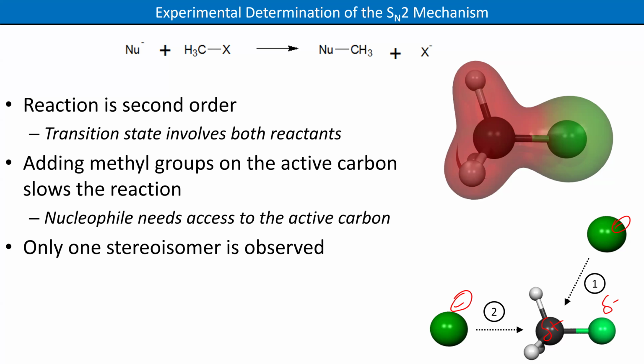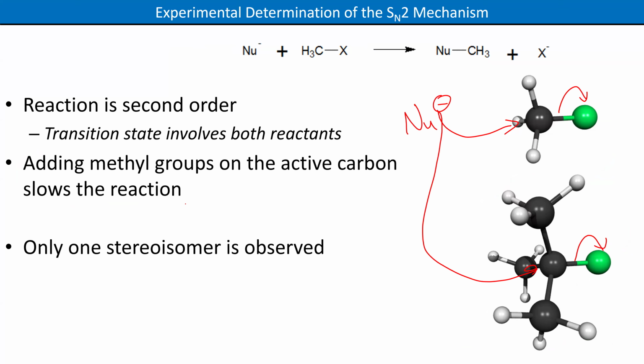Yeah, but the methyl groups are gonna make the sterics bigger. Exactly. If we're talking about our nucleophile coming up and attacking what we call the active carbon, the one that has the leaving group, it makes more sense that it's gonna be a lot faster for it to get to the carbon when it doesn't have all these other things around.